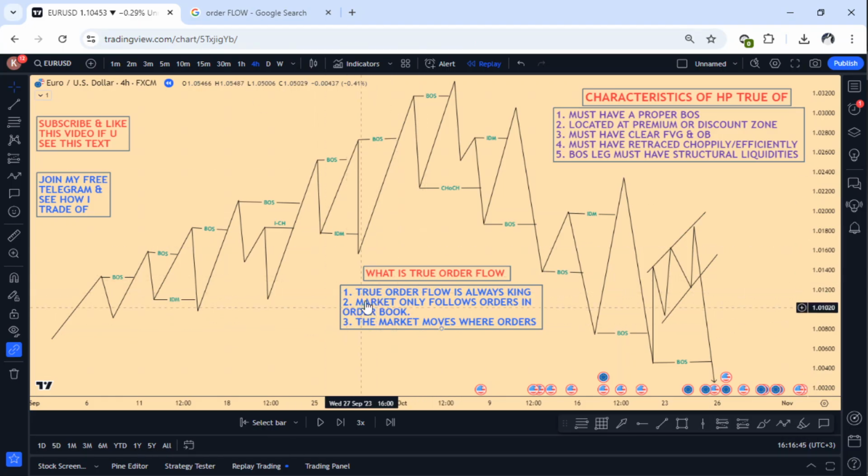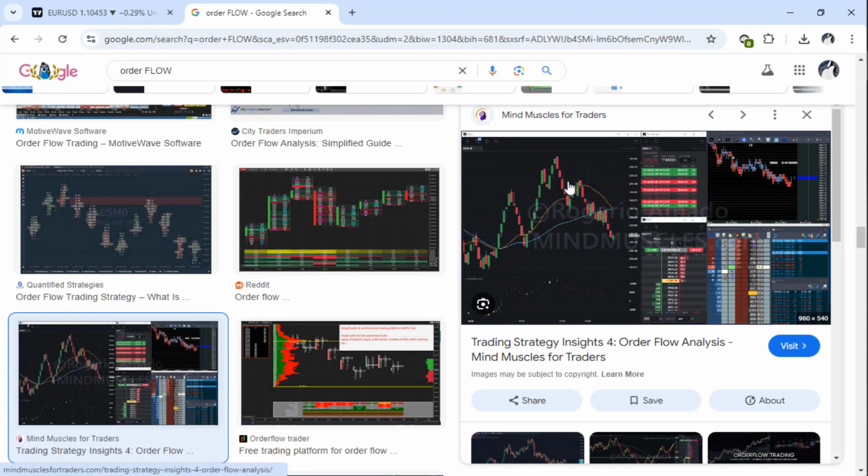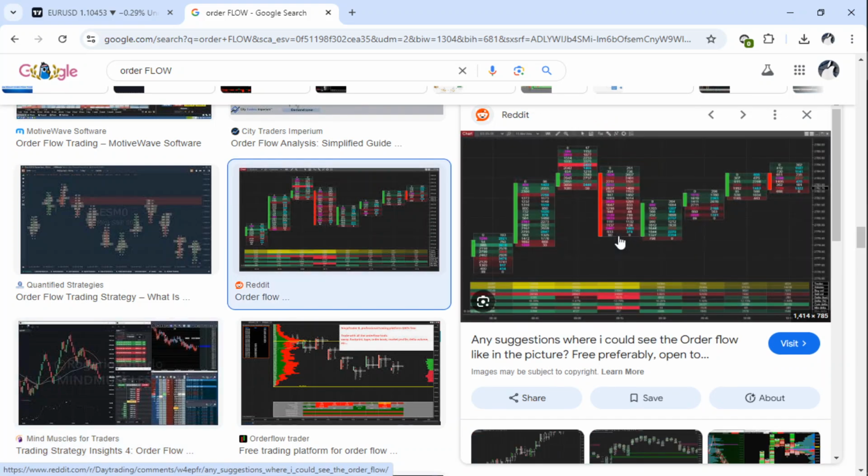What I want you to know is that true order flow is always the king of the market, and the market only follows orders in the order book that I've shown you. So the market moves where there are orders. If there are more sellers, the market sells, like in this case. This order book shows that there were more sellers because of these red candles.